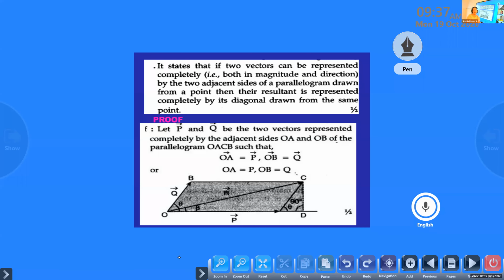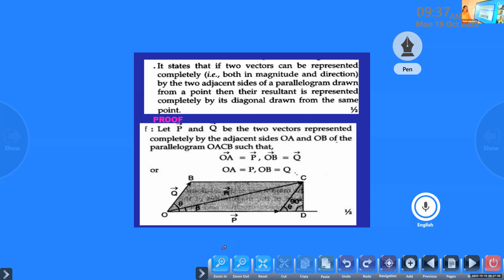It states that if any two vectors are the adjacent sides of a parallelogram, then the resultant vector of their addition will be the diagonal of the parallelogram. Okay, so that is parallelogram law of vectors.